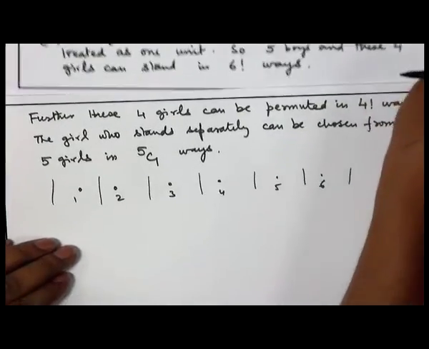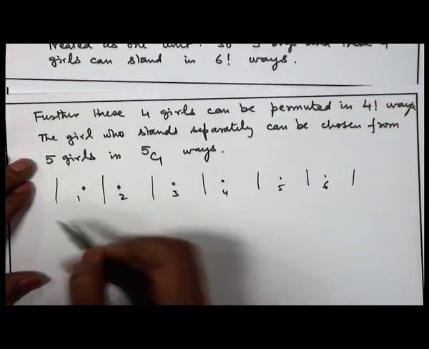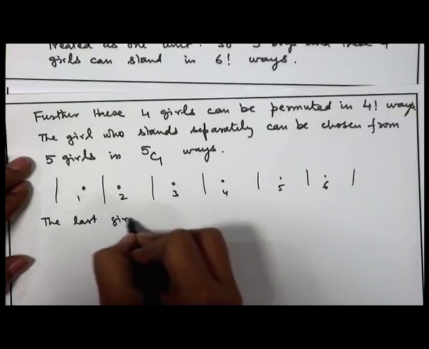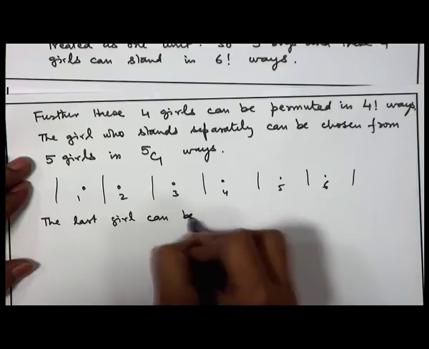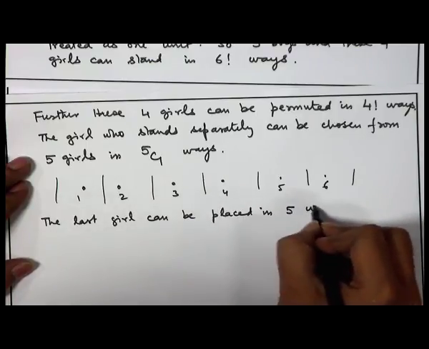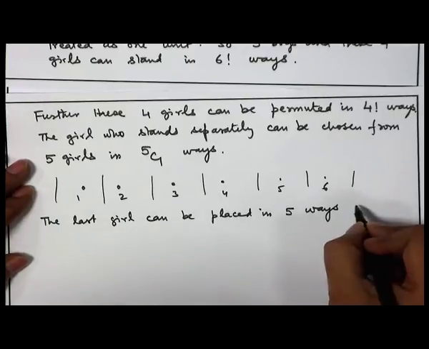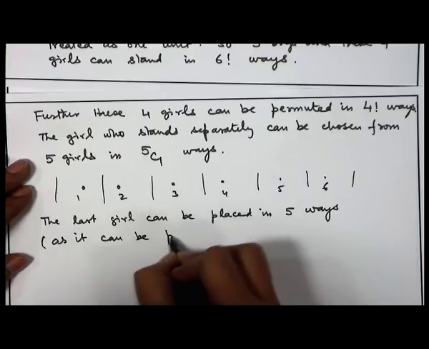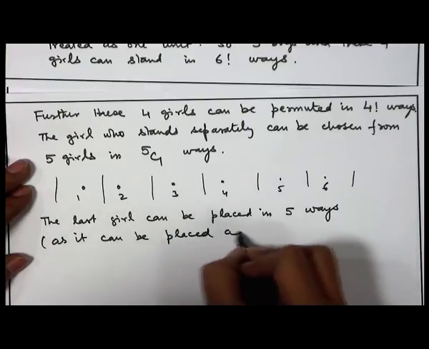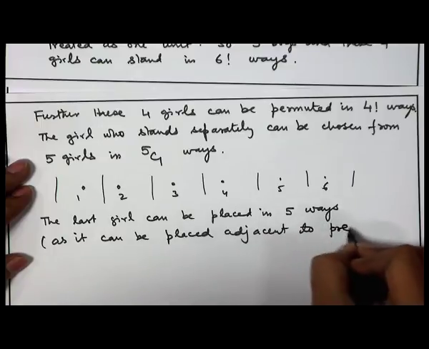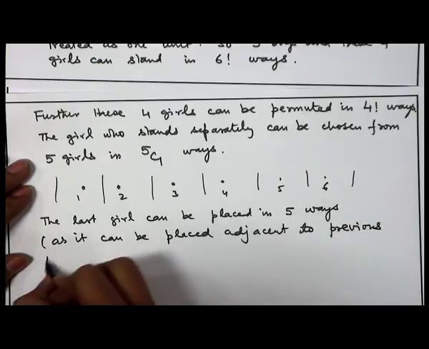So, the last girl can be placed in 5 ways, as it cannot be placed adjacent to the previous 4 girls.